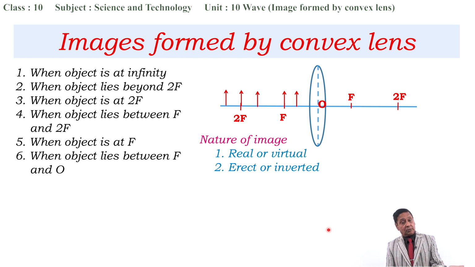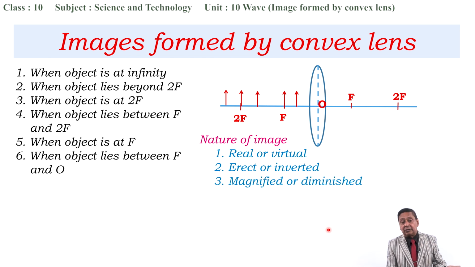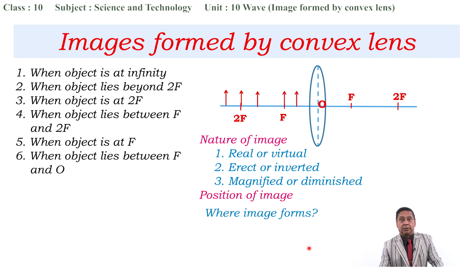And secondly, what we write, whether the image is erect or inverted, or the third one is whether the image is magnified or diminished. We will mention this after each of the diagram. We will mention the nature of image and position of the image also, where image formed, whether it formed behind the lens between F and 2F or in between F and O, where it forms. We will mention this also.